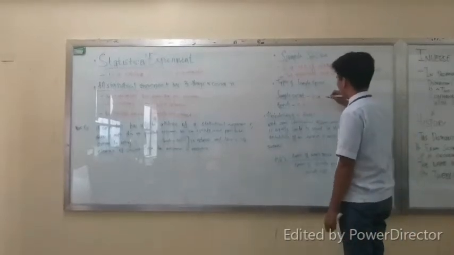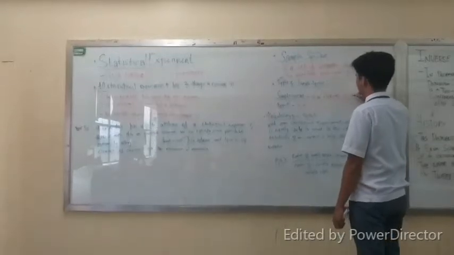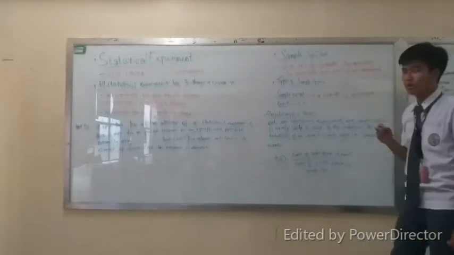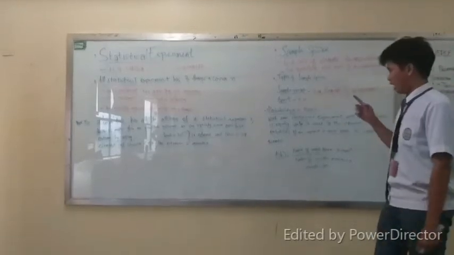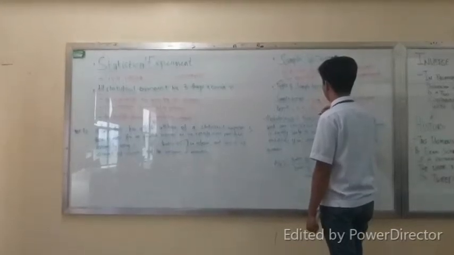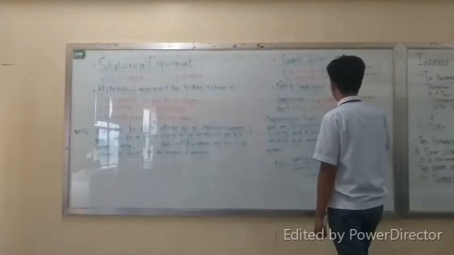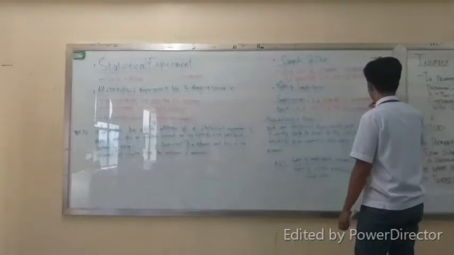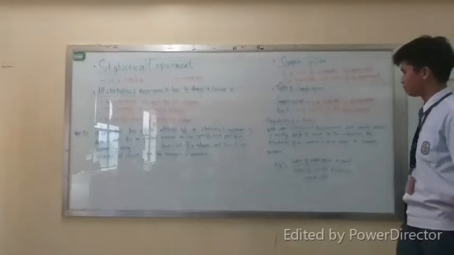A sample point is an element of the experiment, and an event is a subset of the experiment.